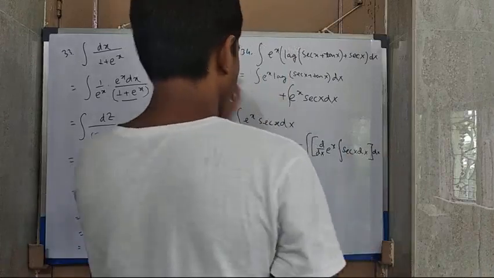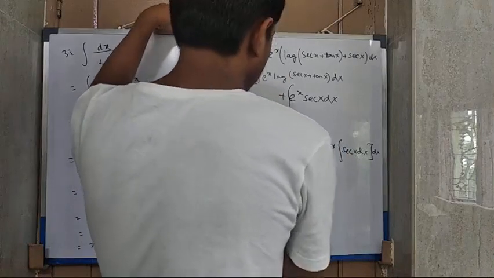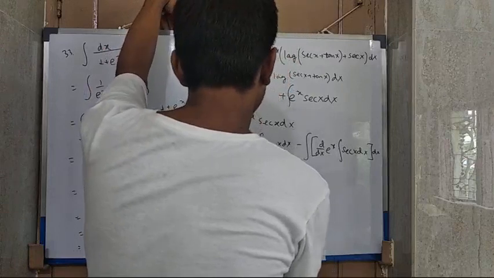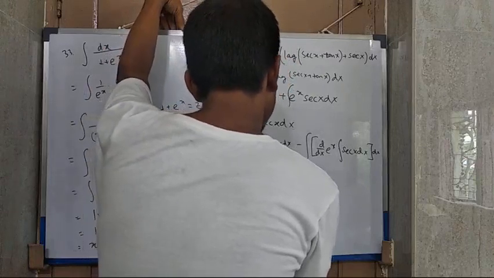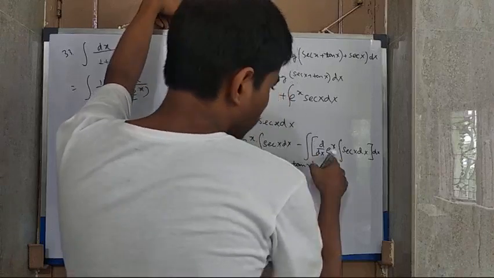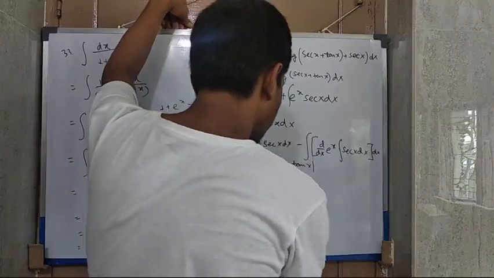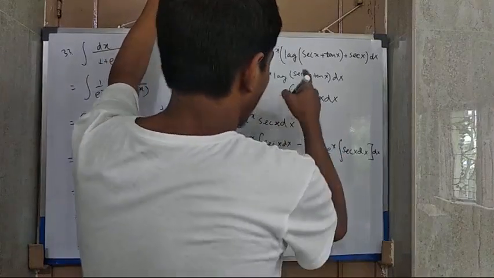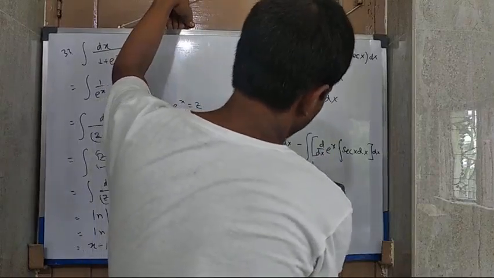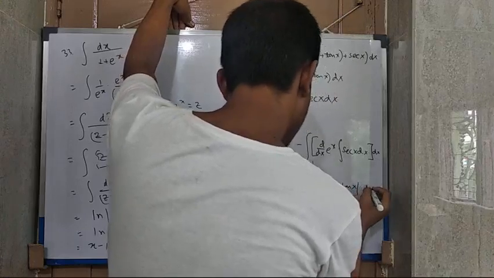Okay. So now this can be written as e to the power x times integral of sec x, which is ln of (sec x plus tan x), and this is going to be minus integral of the derivative of e to the power x, which is only e to the power x, times ln of (sec x plus tan x) dx.